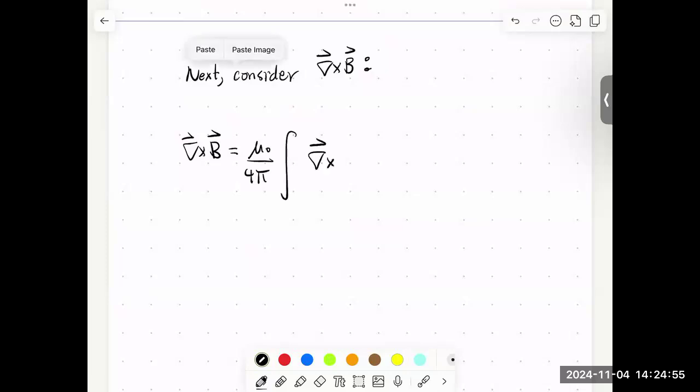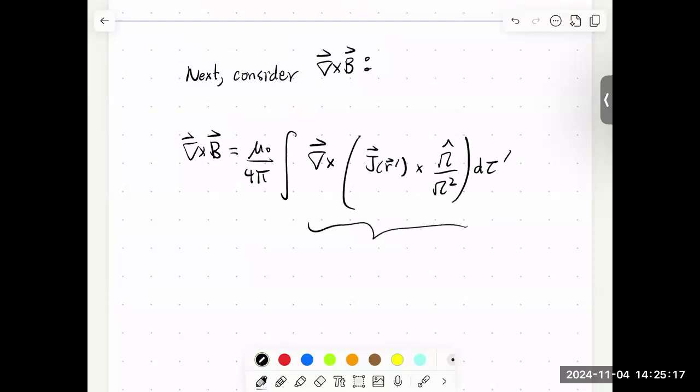We can do it for the exact same reasons as before. All right, so the Biot-Savart law had this current density crossed with r hat over r squared, d tau prime. This time we have to use product rule number 8.